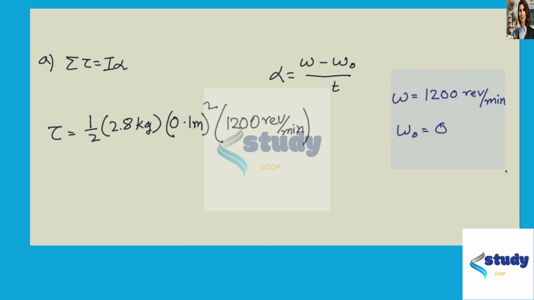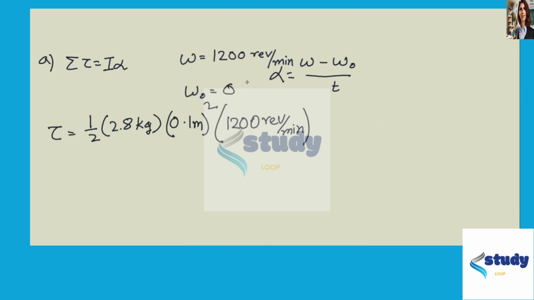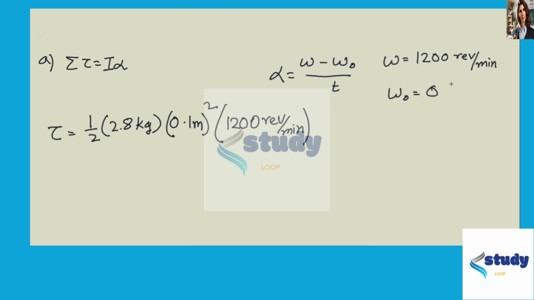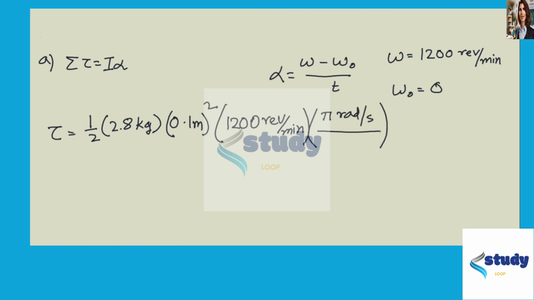So let me move this aside. Let me put it here. All right. So we have pi radians per second, which is 30 rev per minute, and then we divide that by 2.5 seconds.